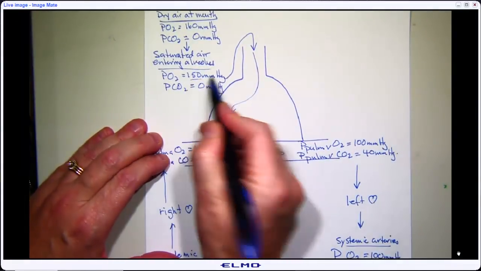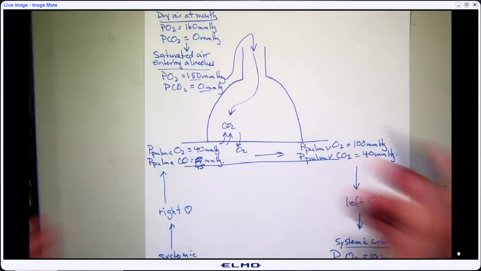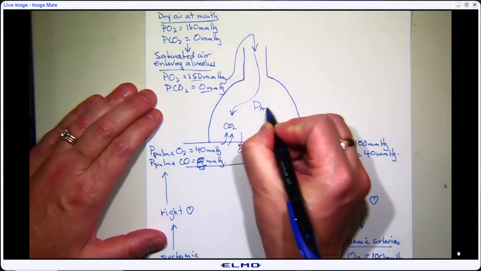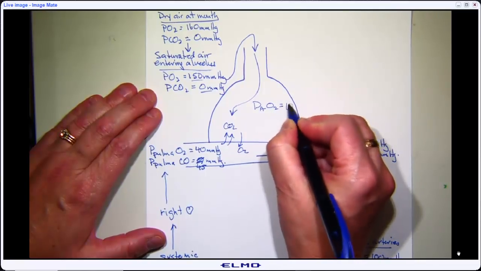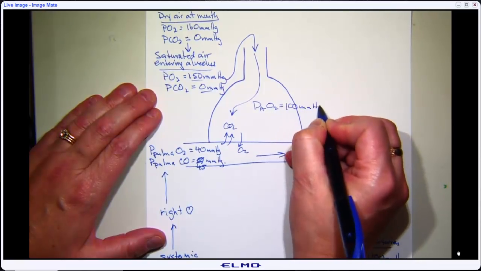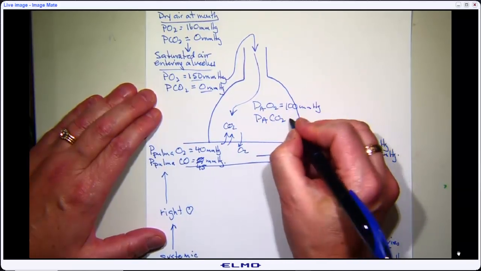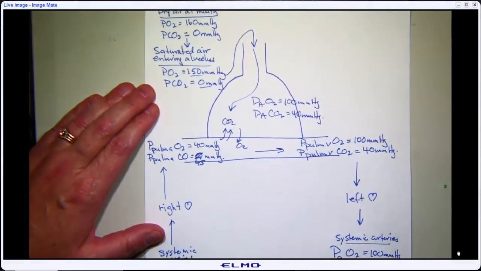It is going to be lower than 150 millimeters of mercury partial pressure of oxygen, and it's going to be higher than 0 millimeters of mercury partial pressure CO2. Okay? And in fact, partial pressures of oxygen in here are 100 millimeters of mercury, and alveolar CO2 40 millimeters of mercury.